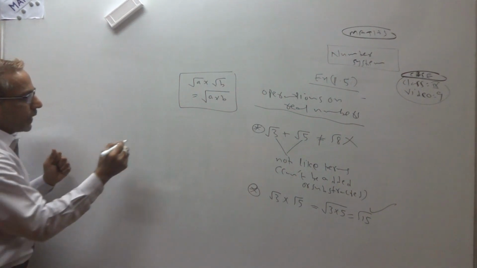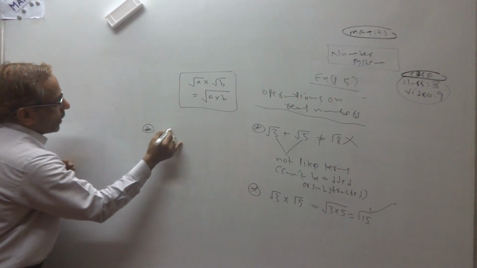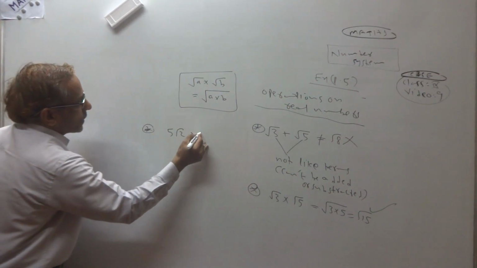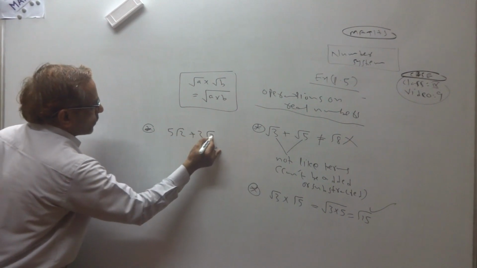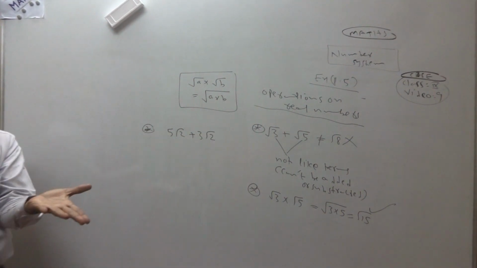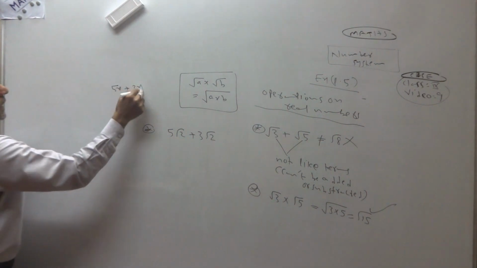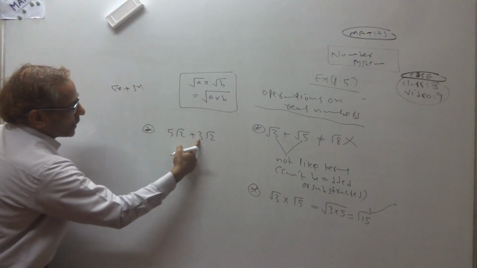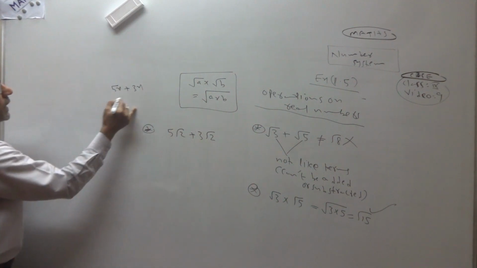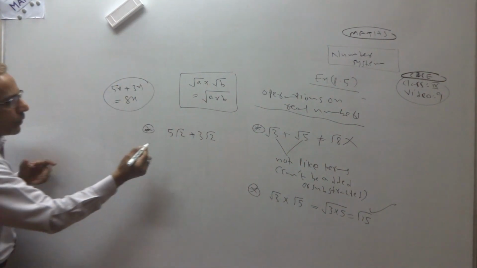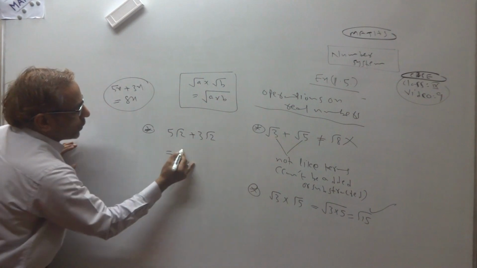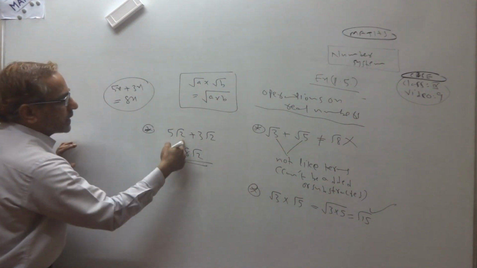Now for example, 5 root 2 plus 3 root 2. We can add them. Why? Because this is just like 5x plus 3x. What is 5x plus 3x? 8x. So 5 root 2 plus 3 root 2 is 8 root 2, because the root is the same.